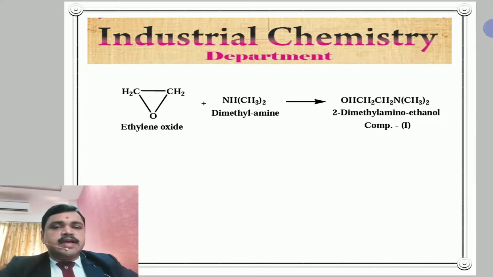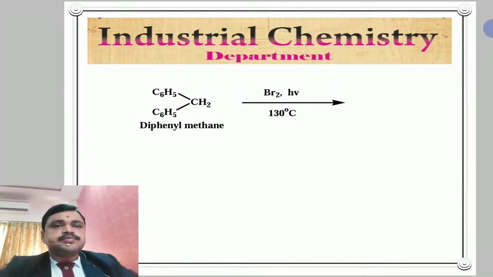Now we synthesize our second compound, benzhydryl bromide. For benzhydryl bromide, we have starting material diphenyl methane. Here the stated structure is diphenyl methane. Now this diphenyl methane undergoes bromination. It takes place at 130 degrees Celsius.